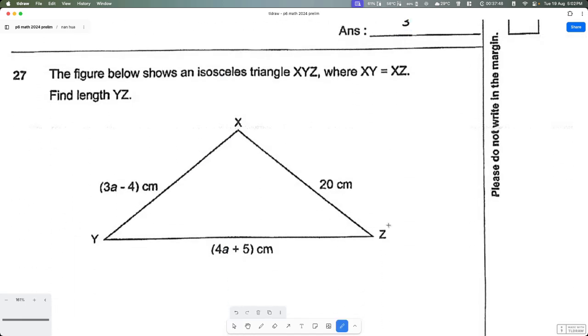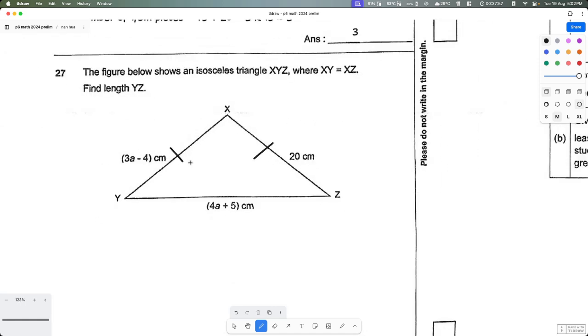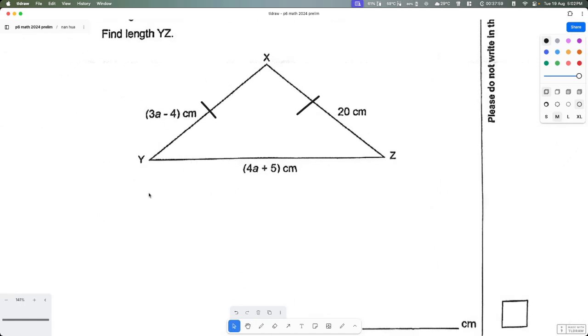Question 27. The figure below shows an isosceles triangle XYZ, where XY is equal to XZ. Find YZ. Since XY is equal to XZ, that means 3a minus 4 is equal to 20. So 3a is equal to 20 plus 4, which is 24.